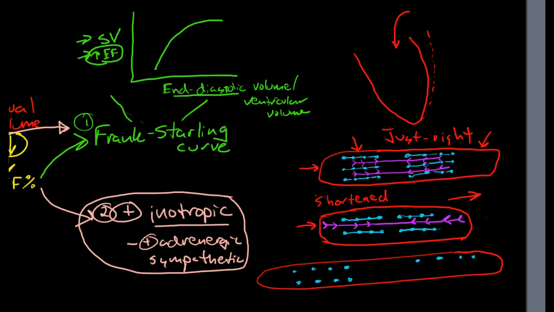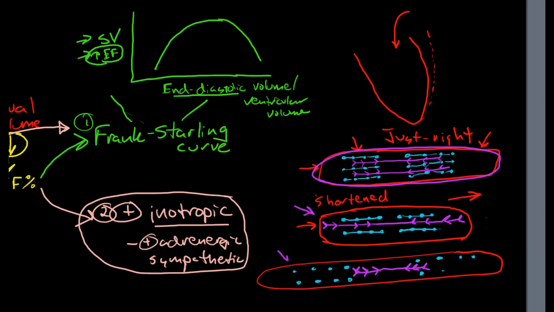So the Frank-Starling curve works up to a point and then it starts to drop off again. So when you increase volume too much, then the ejection fraction actually starts to go down again, and that's because you end up with a situation like this where the actin and myosin aren't even reaching each other. Okay, so generally the more the heart stretches, the stronger the contraction, because these muscle fibers are perfectly aligned, and when they're too short they're not well aligned.